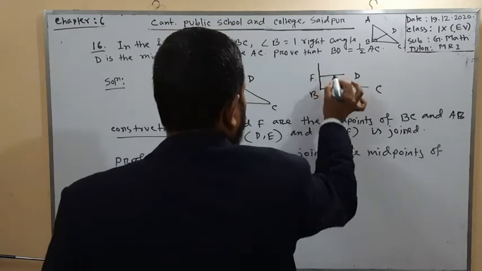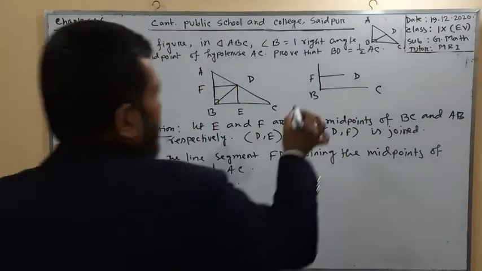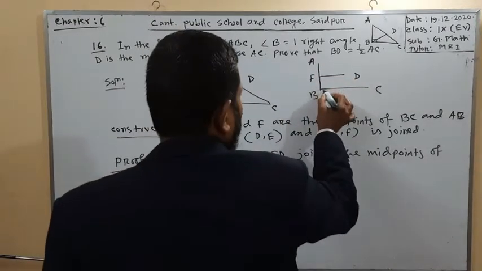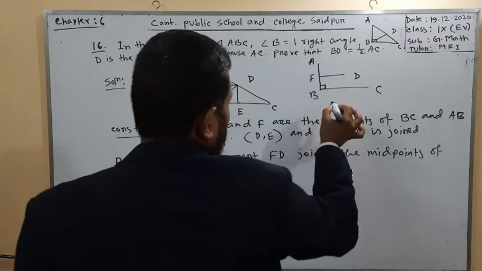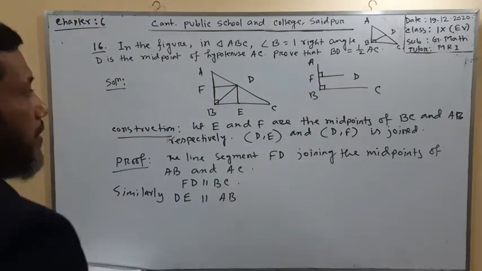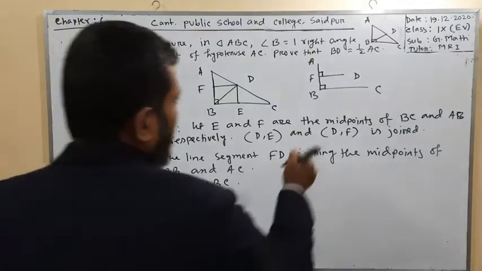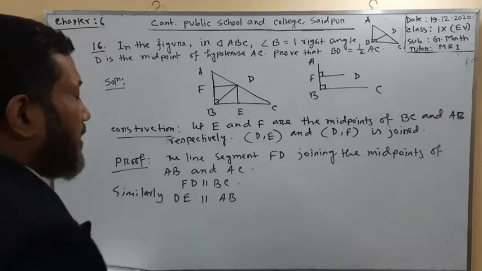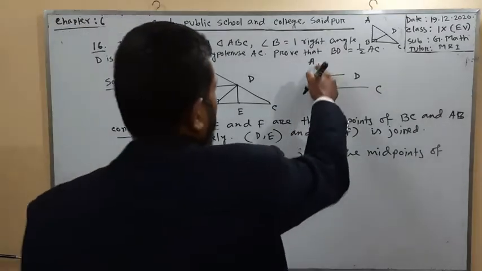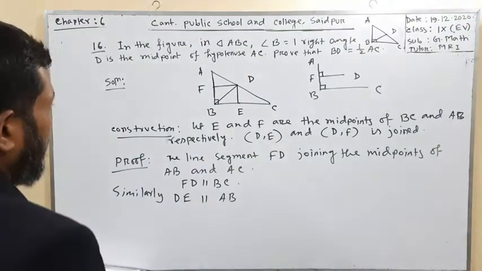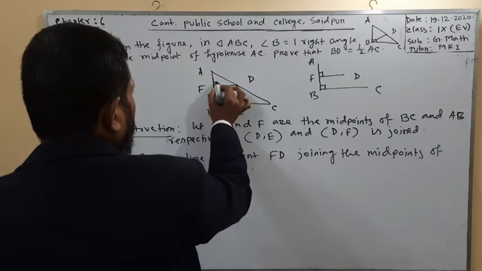suppose that AB is their transversal, so angle ABC is the corresponding angle of AFD. Since here the measure of angle ABC, that is B, is one right angle, angle AFD will be one right angle.